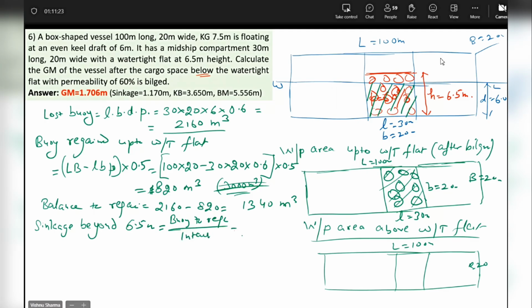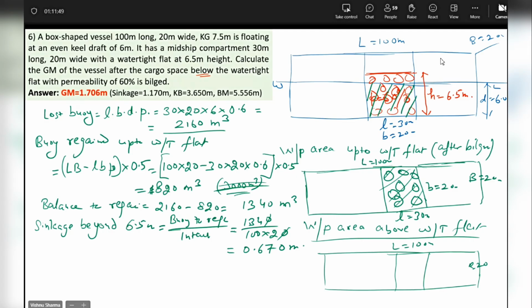Now here the intact water plane is full, so it is 100 into 20. So this becomes how much, beta? 0.670 meters. Am I right? Yes, sir, correct.